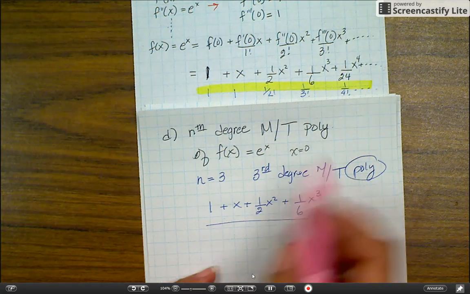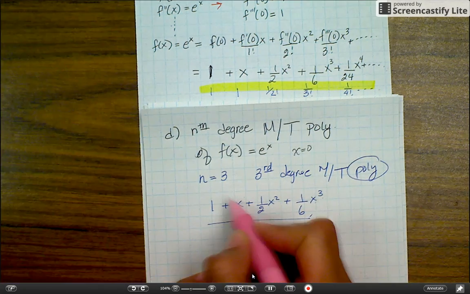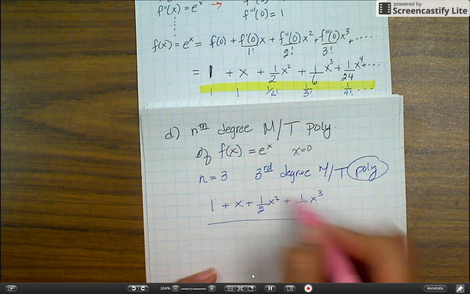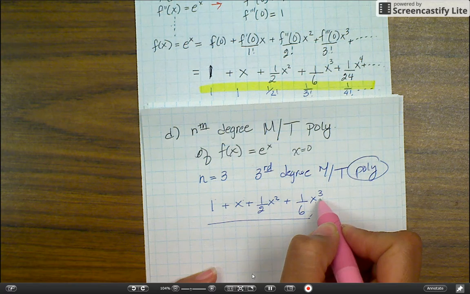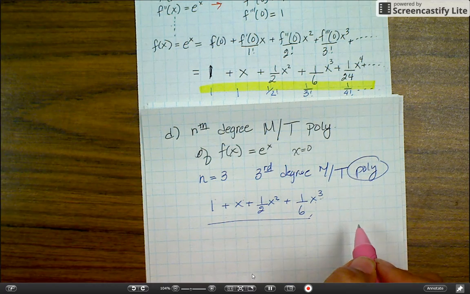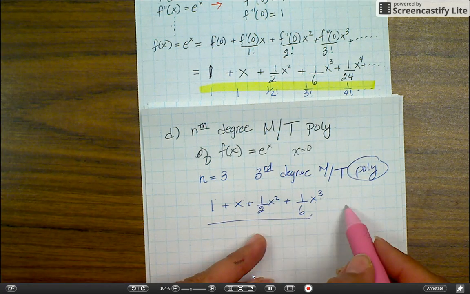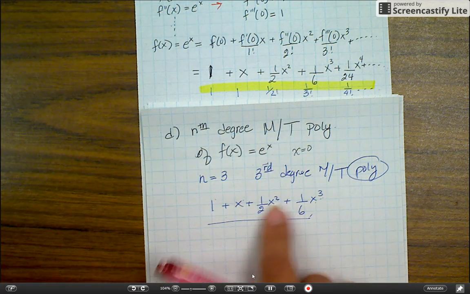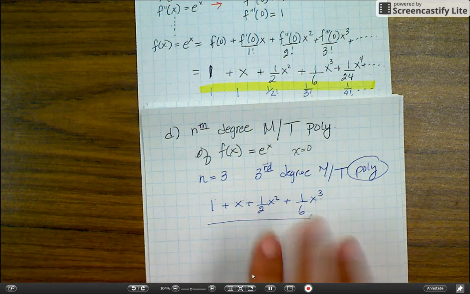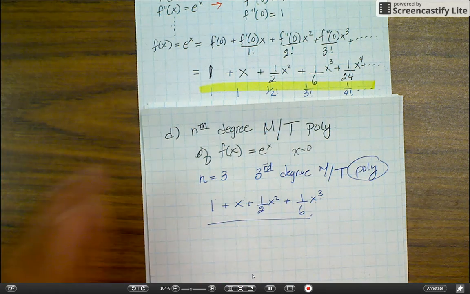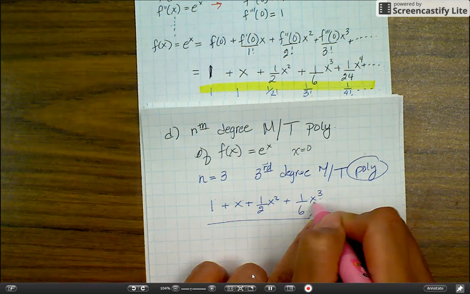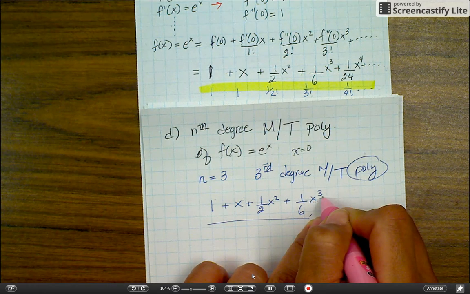Sometimes they might go by increments of 2, like it'll be 0, x squared, x to the 4th, x to the 6th, and so on. So if they ask for the third degree, we're not going to have it. If they ask for the fourth degree, then it would be this term right here. So it varies, okay? But if they say the third degree polynomial, then you want to make sure you end up when x is actually to the third power.